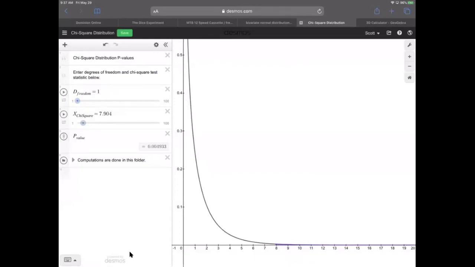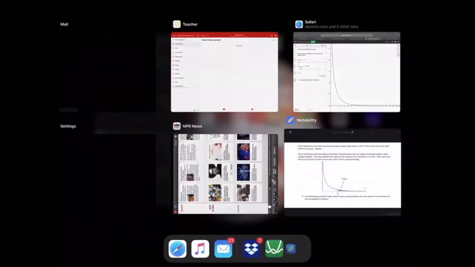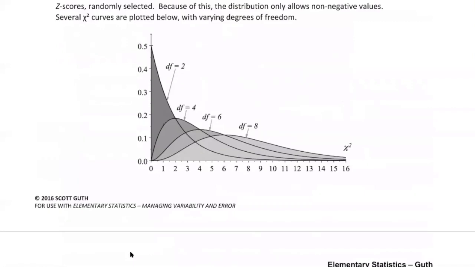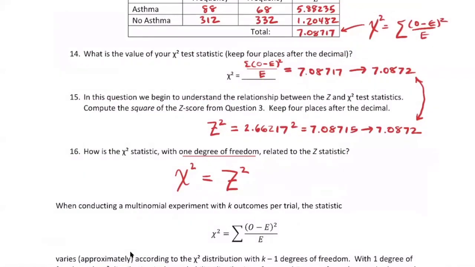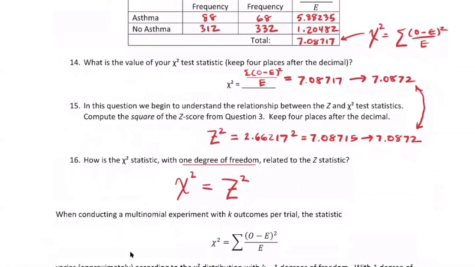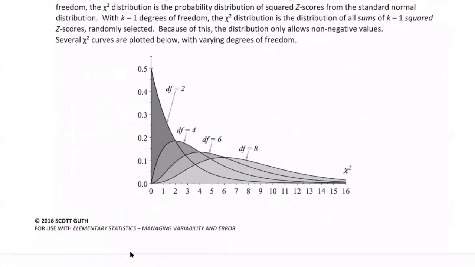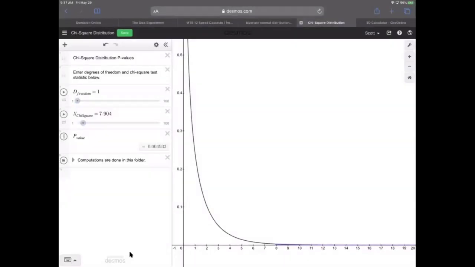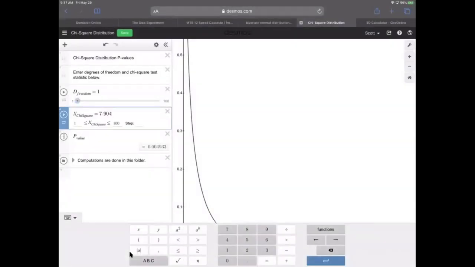Okay, and then we have to key in our chi-square statistic, which was 2.08717, which we got. What was it?